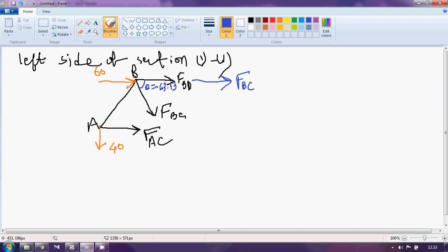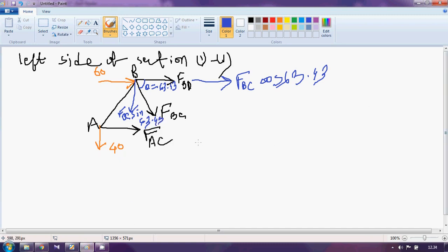So the horizontal component of FBC will be FBC cos 63.43, and the vertical component will be like this, FBC sin 63.43.